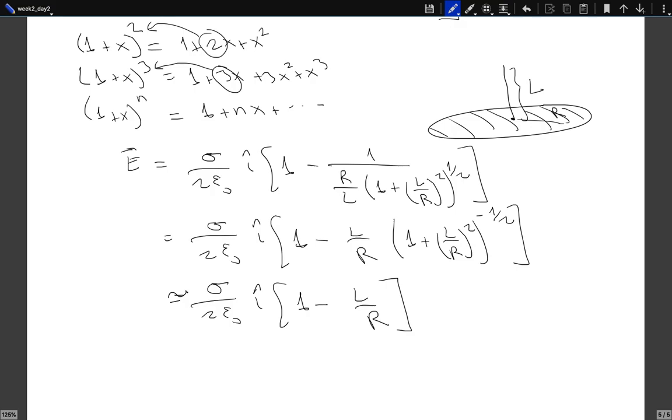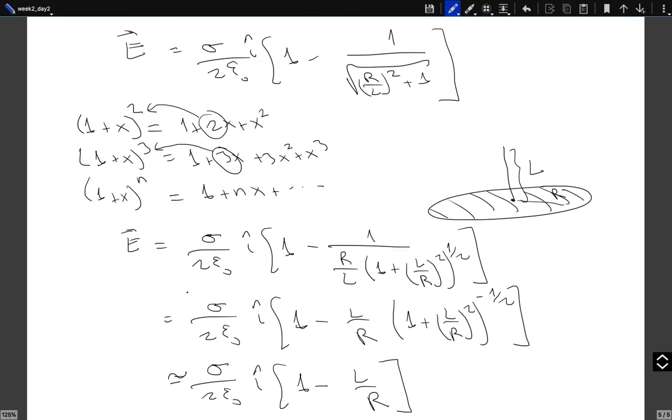So when do I have the infinite plane result? If I can ignore this term, the electric field created by the disk is equal to the electric field created by an infinite plate. L is the distance from the disk. If L is very small compared to the size of the disk, I can ignore this term, and the total electric field will be equal to the electric field created by an infinite plate.